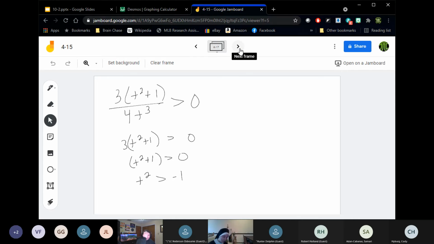So what we end up getting is t is greater than the square root of -1, which can't happen. So since you can't actually find that part there, it always ends up working out when t is greater than 0 or less than 0 in this problem.